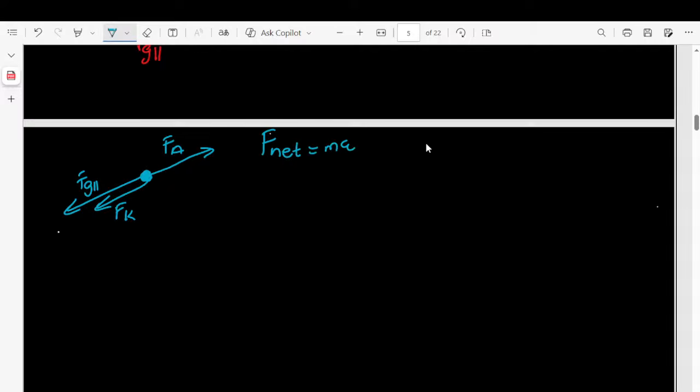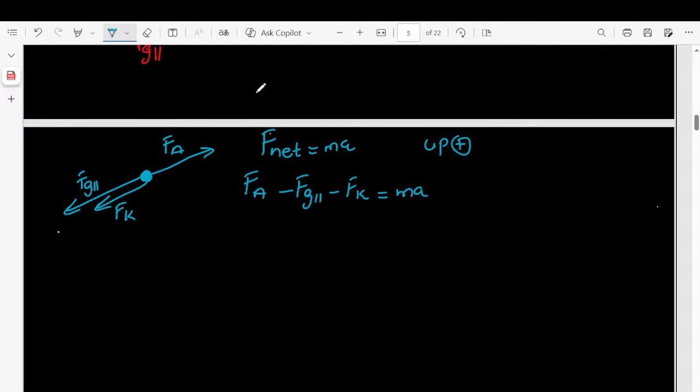We choose direction. I'll take up as positive, meaning all the forces going up will be positive. So we take the F applied and subtract all the forces going down, because they are negative, since we chose up as positive. So this will be F applied minus FG parallel minus Fk equals ma.